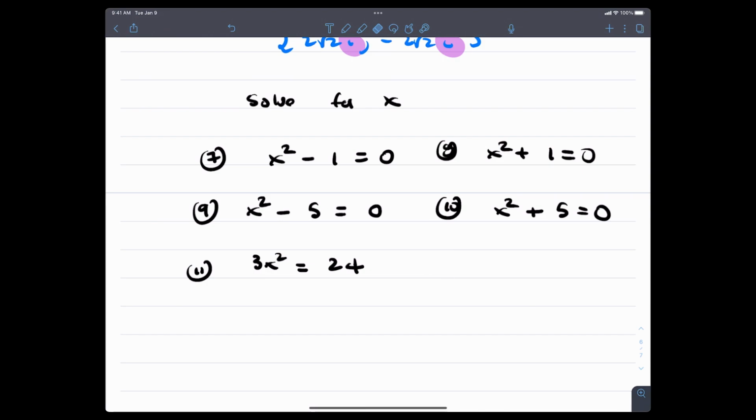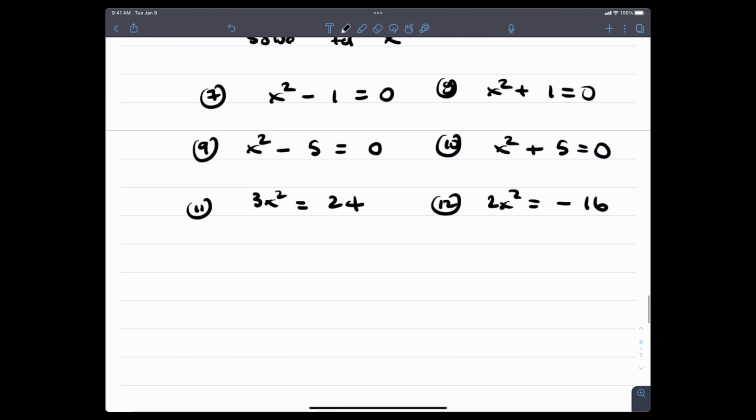Okay. And number 12: 2x squared is negative 16. Then we'll have 13: 4x squared minus 1 is 15.